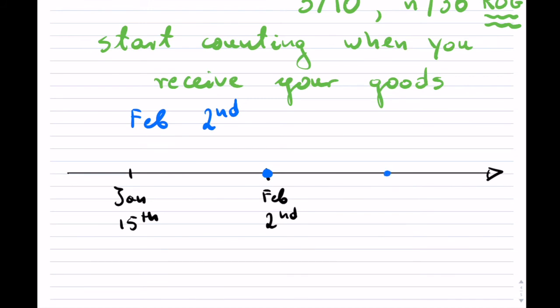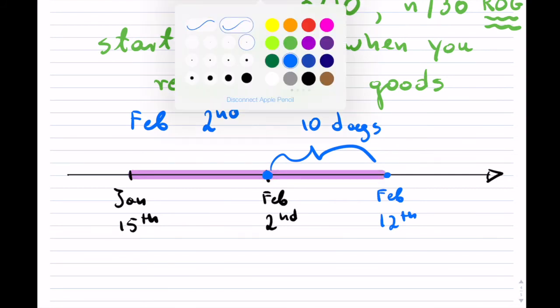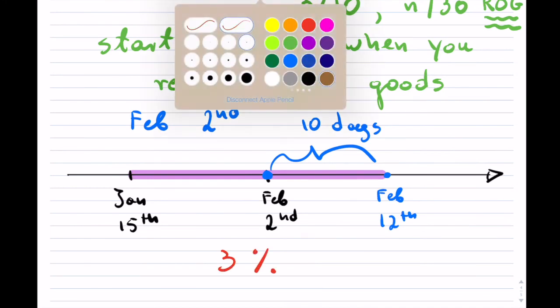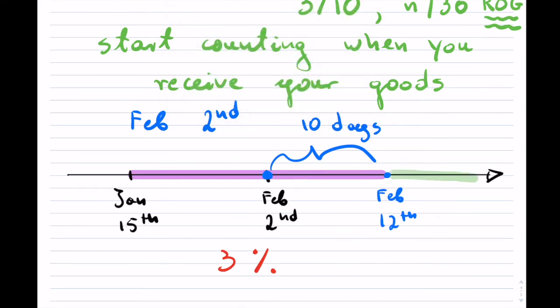So all the way to February the 12th, that will be your 10 days. That is your discount period where you can take advantage from here all the way to here of receiving your 3% discount. And afterwards, so after that, tough luck, no discount for you.